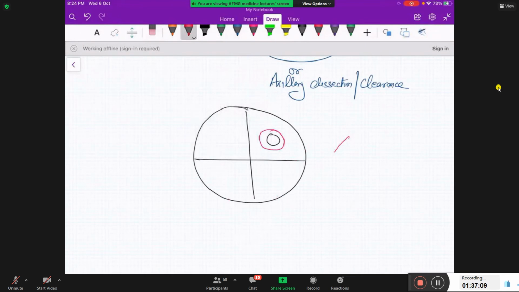We will excise this lump, the black part, with a 1 centimeter margin. You were asking what is a positive margin, now understand.